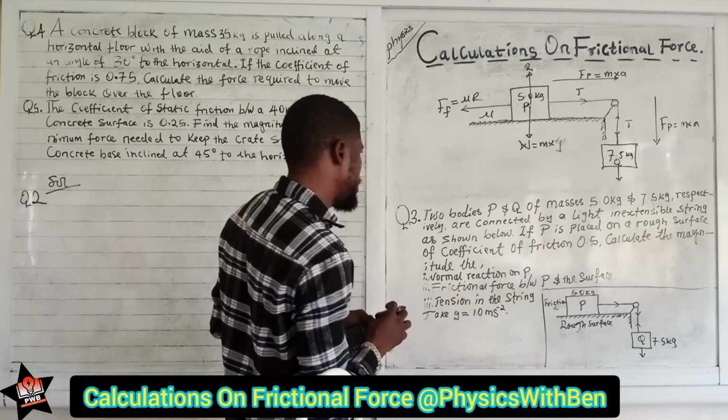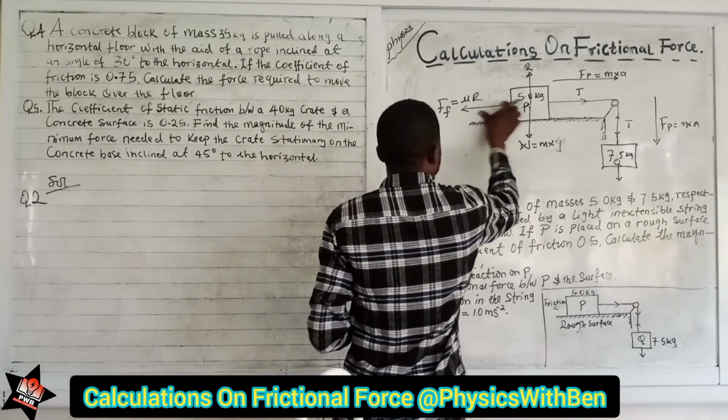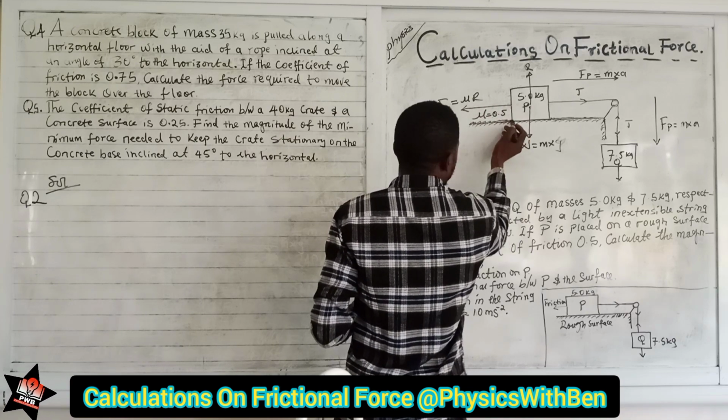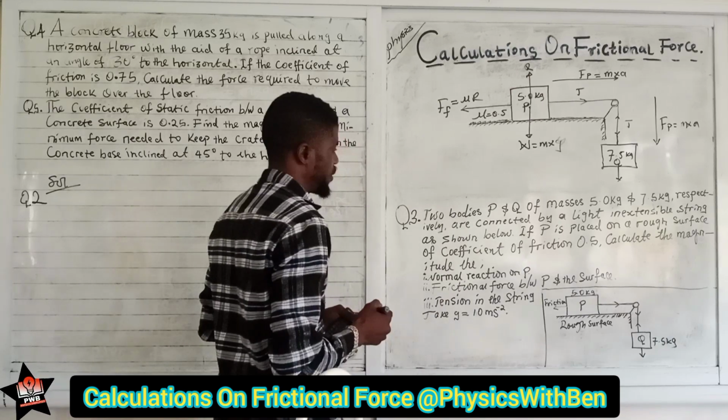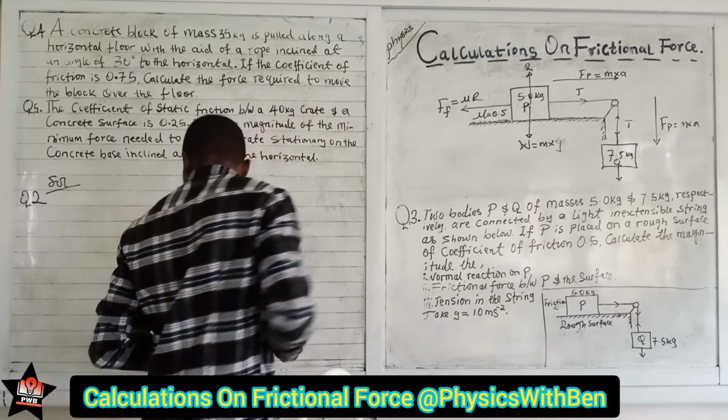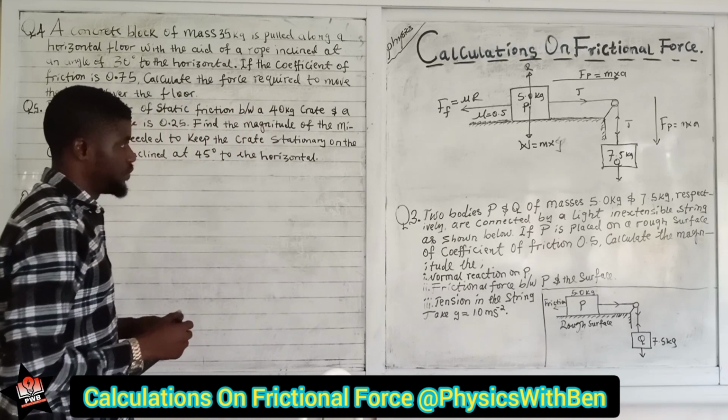And the coefficient of friction here is given to be mu equals 0.5 in between this block and this rough surface. So I think the geometry of the question is complete now. So without wasting more time, let us solve the question now.